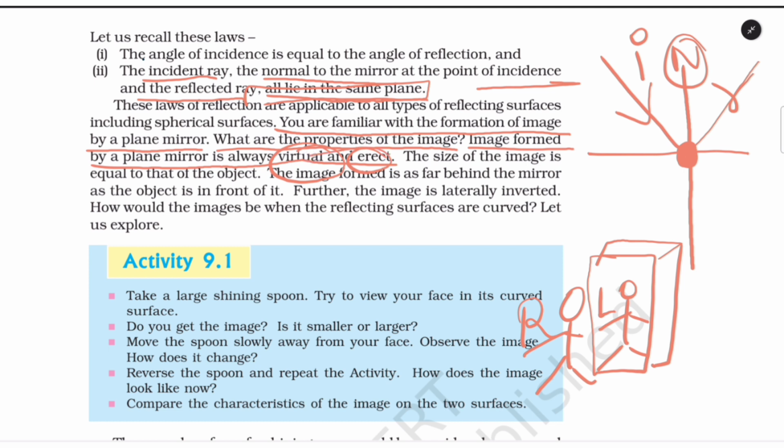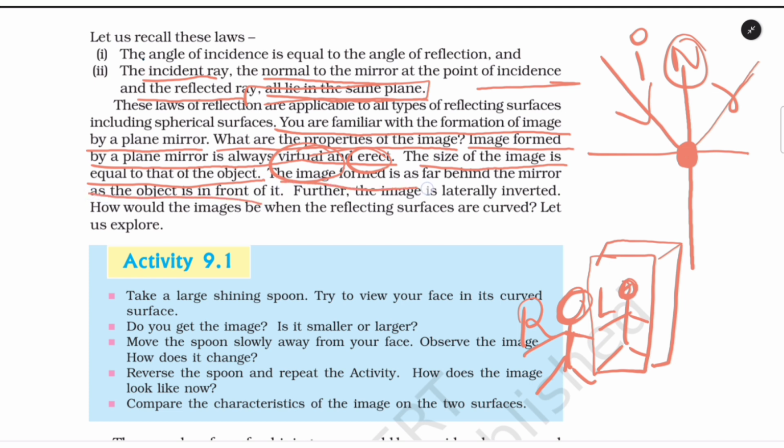Virtual means it is opposite to yours. If you are raising the right hand, it will show the left hand. Erect means the reflection of yours, and the size of the image is equal to the object. The height of the image, the size of the image, is the same as the object. This is also an important point.